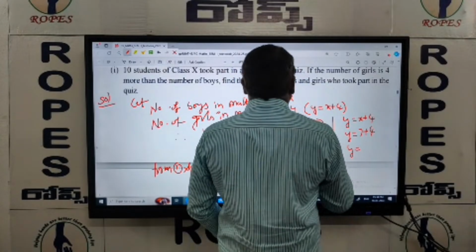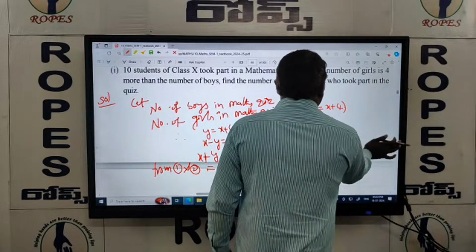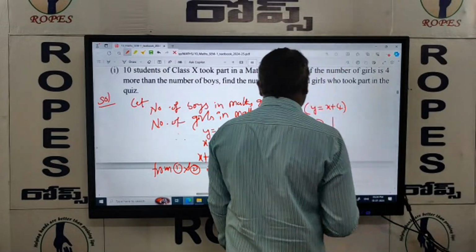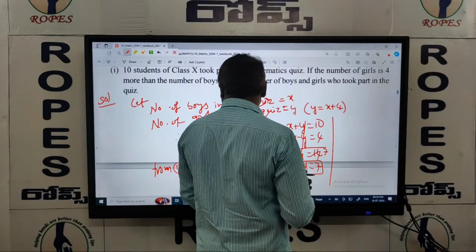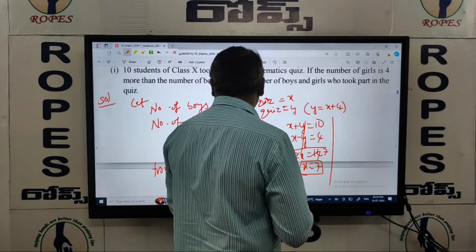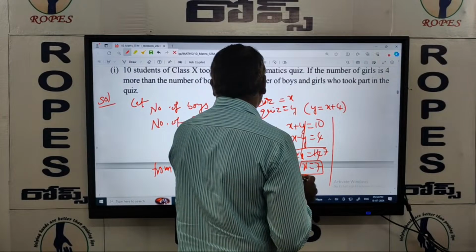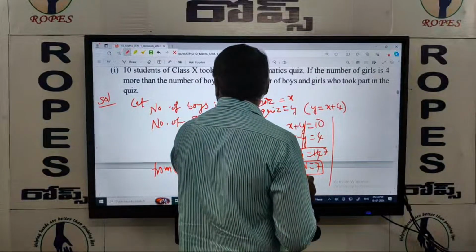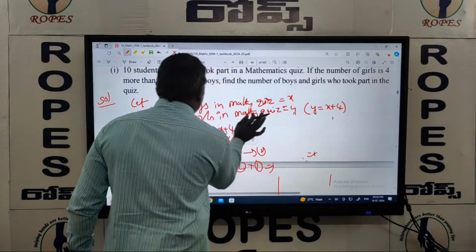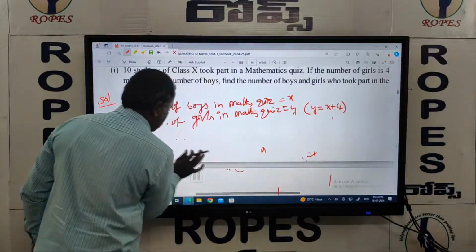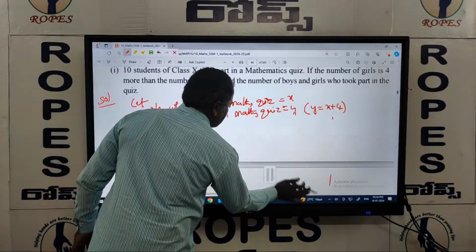So the number of girls are 4 more than the number of boys. Here X minus Y is equal to 4, and the number of boys and girls both participating in the quiz is 10 members.